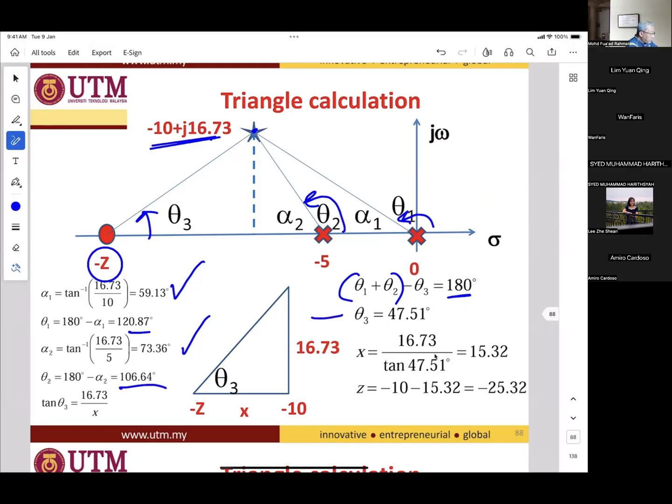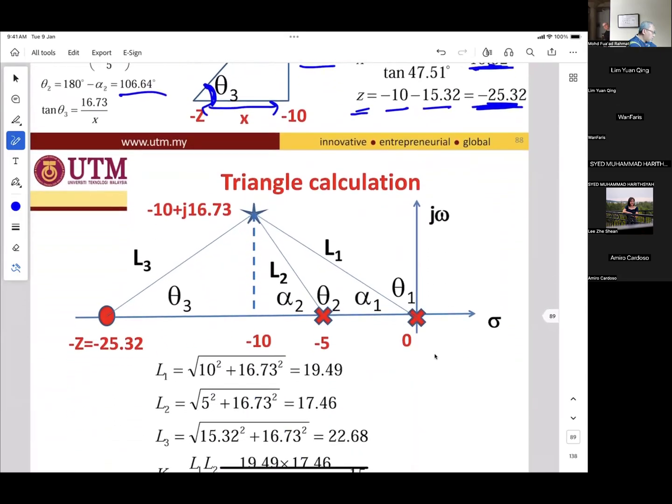Therefore you get theta 3 as 47.51. For theta 3, it is a triangle where the height is 16.73, the new imaginary part, and the distance from the zero to minus 10 is x. So find x, 15.32. Therefore your new zero is minus 10 minus 15.32, so you get minus 25.32.